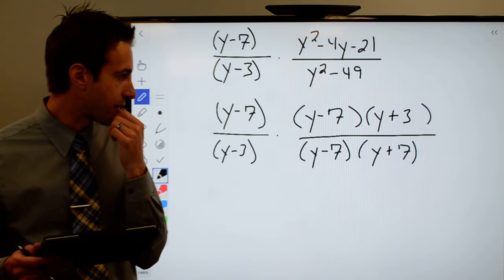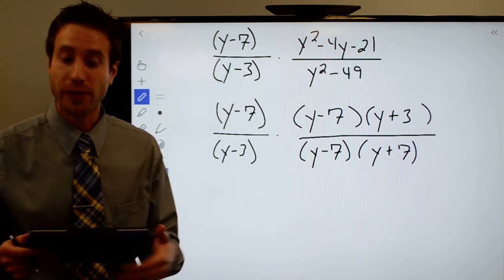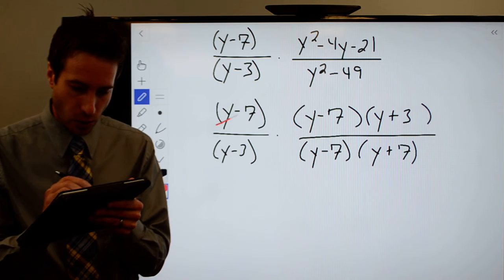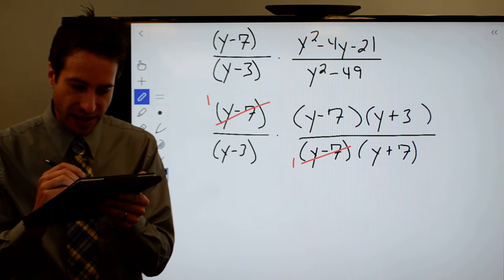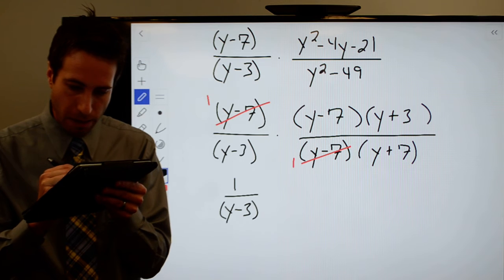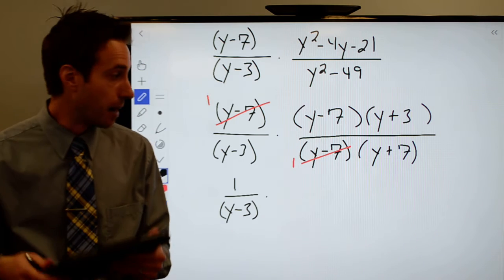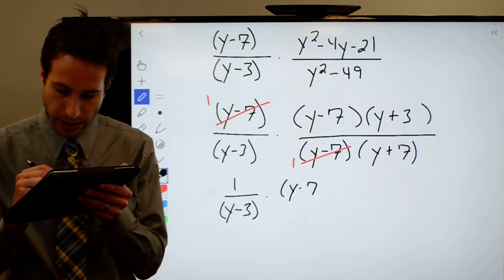All right, so let's see what happens here. Actually, not that much cancels. This is it. Y minus 7 and y minus 7. That leaves me with 1 over y minus 3 multiplied by, nothing up there canceled, so it's just going to be a y minus 7 times a y plus 3.